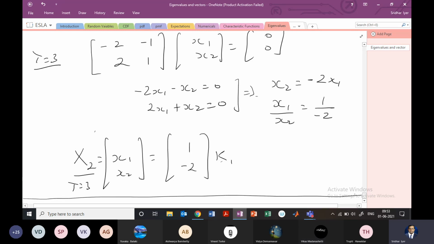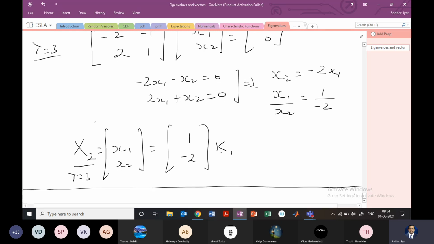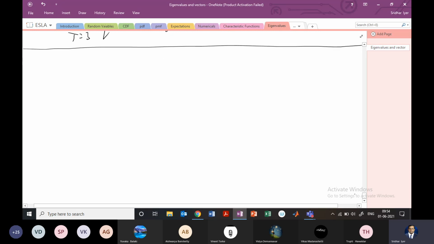Yes, sir. Okay. So I think the 2 cross 2 matrix is very easy to solve. Hopefully in the exam you will get the 2 cross 2 matrix, but we should be ready for a 3 cross 3 matrix also. For tomorrow's lecture, we'll do the next process known as diagonalization of a matrix.